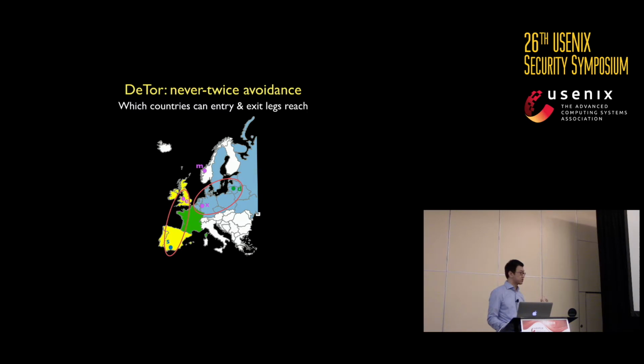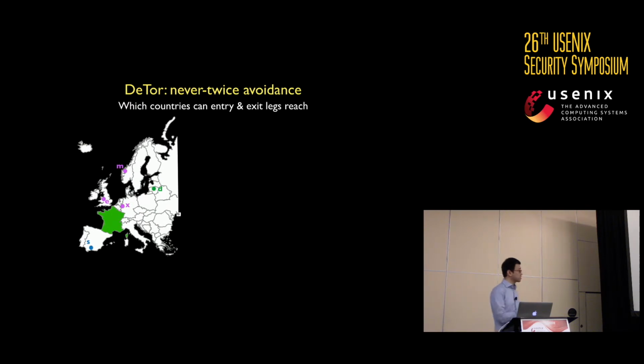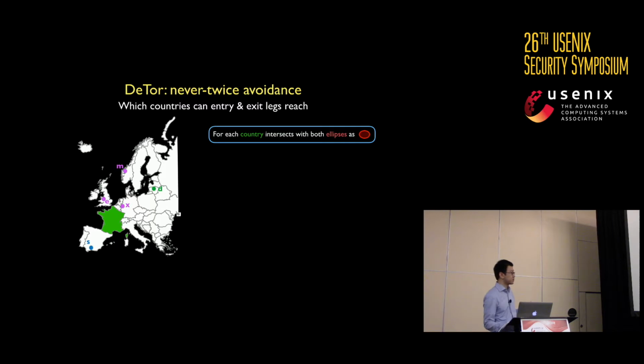However, there are countries that intersect with both ellipses. In this case, because we consider the upper bound round trip time on each entry and exit leg, we need to further verify whether the packet could have possibly traversed the countries that intersect with both ellipses.